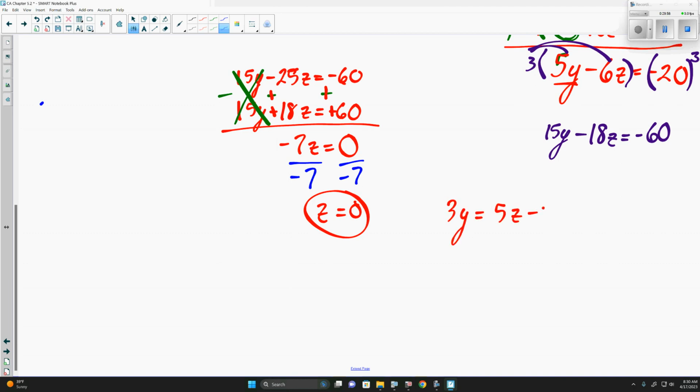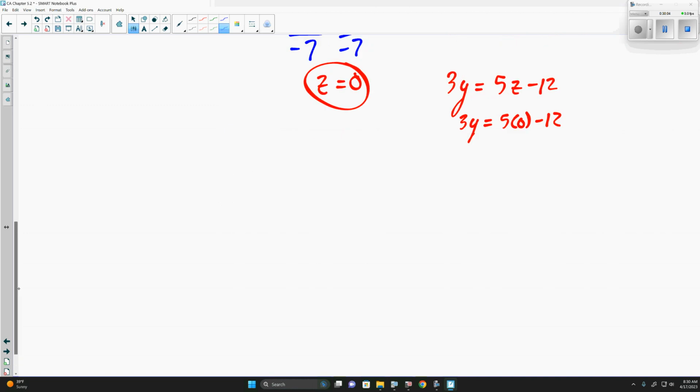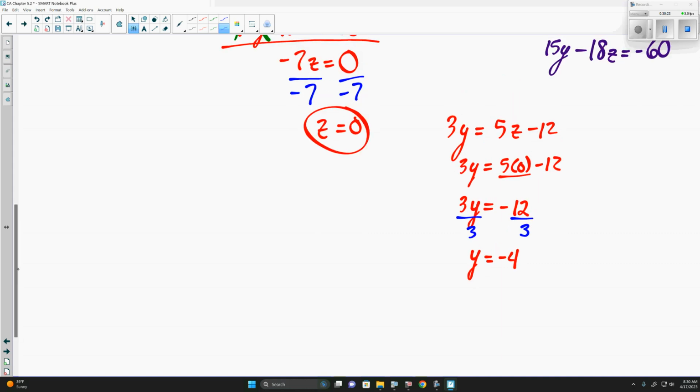5 times z minus 12. And if we plug the value of z in, 5 times 0 is 0, just giving us so y is -4.